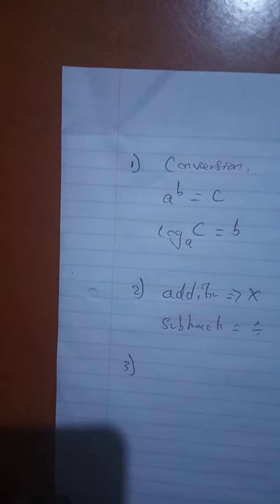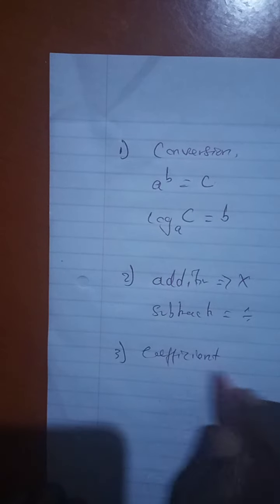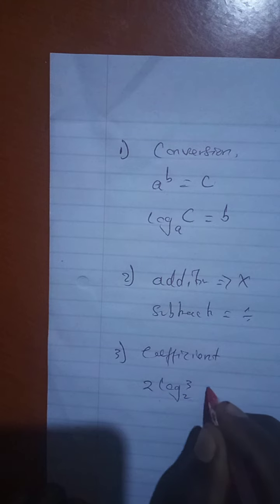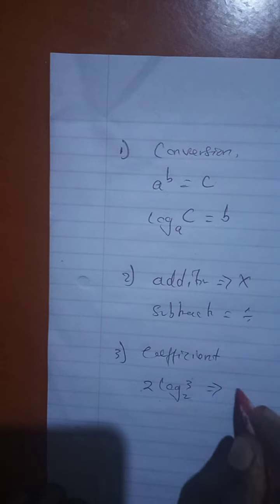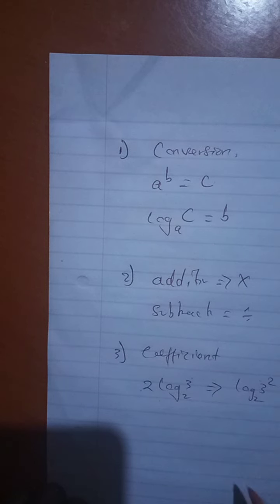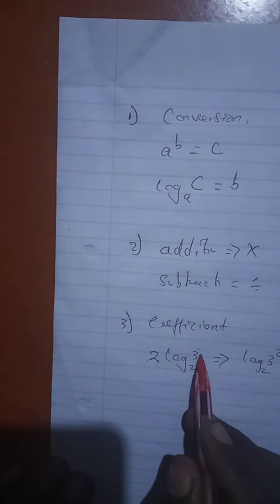Then the third trick was on coefficient, where we say that a coefficient, for example, 2 log 3 to base 2, in this case 2 is a power, so it is written as log 3 squared to base 2. So the coefficient implies the power.